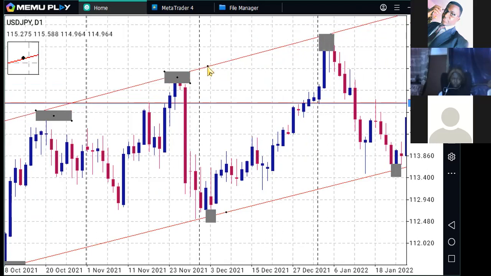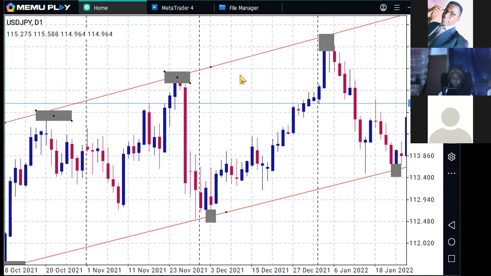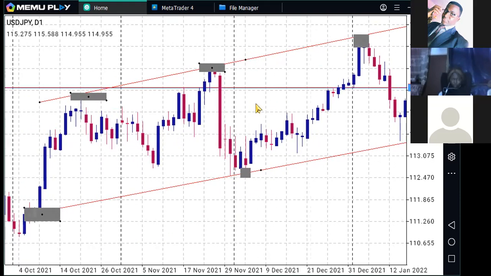When we say correction, it is simply price getting to a particular zone, acting as if it wants to violate it, and then it's just a manipulation that happens there, and price corrects its way back to the trend line.